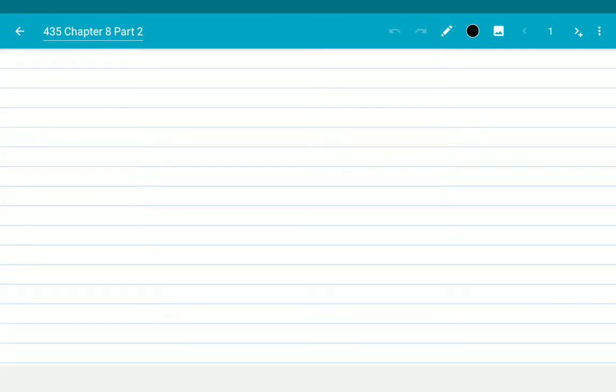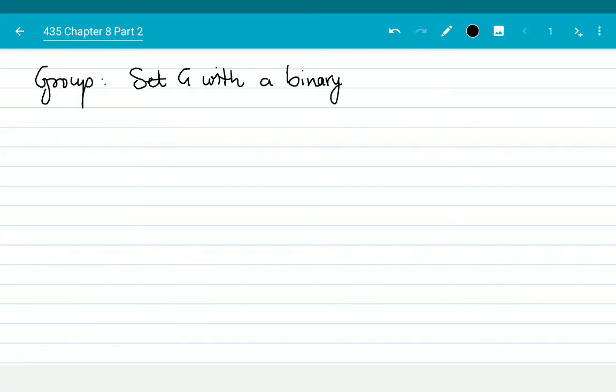So last time we started defining groups, and we ended with Euler's theorem, slash Fermat's last theorem. A quick refresher in case you have forgotten. A group is a set G with a binary operation, that we will denote generally multiplication or addition or something.